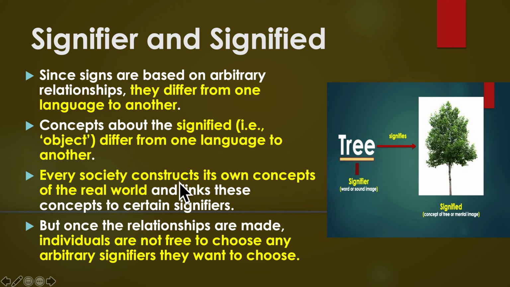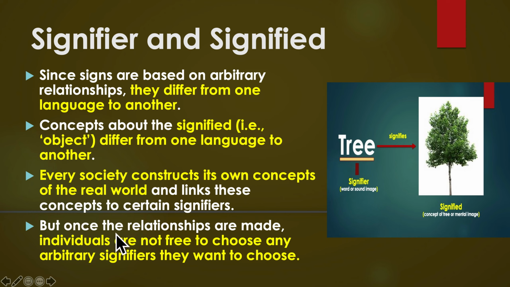Every society constructs its own concepts of the real world and links these concepts to certain signifiers. Of course, the object is the same in every society. We have trees everywhere we can see, but in different languages, in different societies, we have different signifiers to signify those objects.